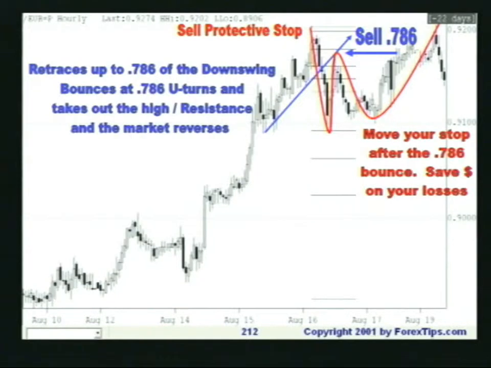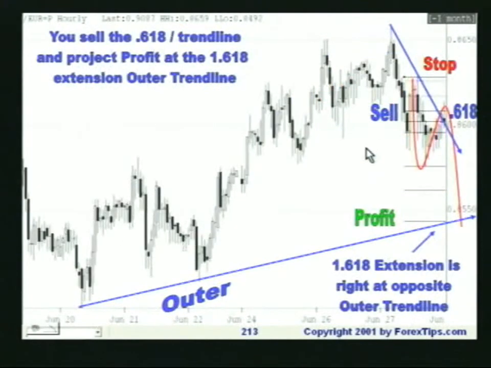Look at how we spotted a downtrend. We shorted the 786 right here. The market bounced at that 786, U-turned, and took us out. If we shorted the 786, we need to move this to this last high, and this way we save money if the trade doesn't work out.